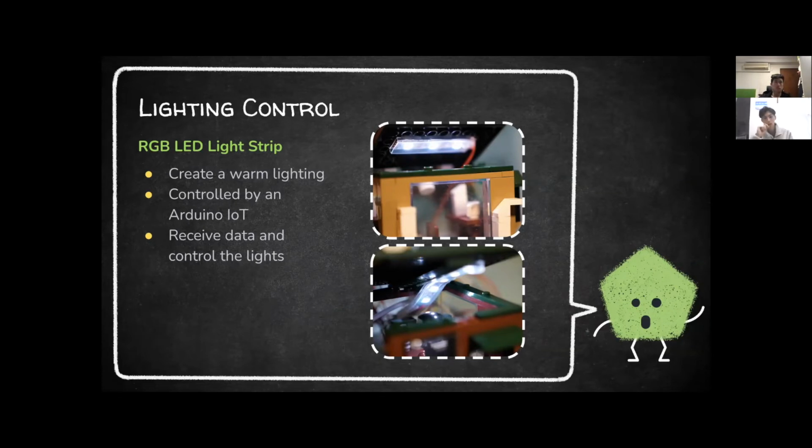This is controlled by the Arduino IoT, and when it receives the data, we set R, G, and B to change the light temperature and make it warm and suitable for indoors.